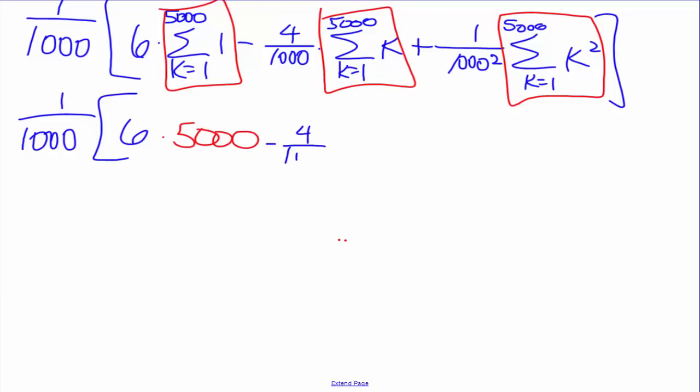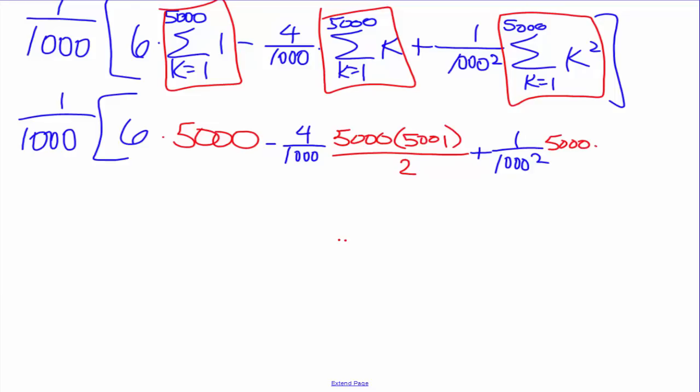Minus 4 over 1,000 times the formula equivalent of the k part, which is 5,000 times 5,001 divided by 2. Plus 1 over 1,000 squared times the formula equivalent, which is 5,000 times 5,001 times 10,001 divided by 6. And that we would all put into our calculator.